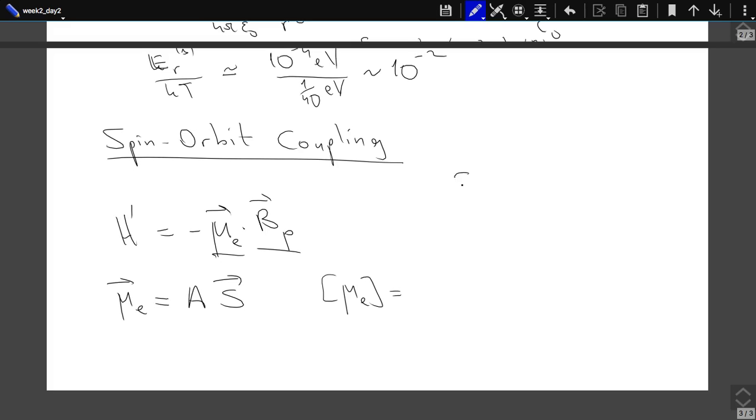So you see, in classical electrodynamics, if you remember your 105 or 106 or 110 courses, if you have such a loop carrying a current I, the magnetic dipole moment is defined as I times the area.